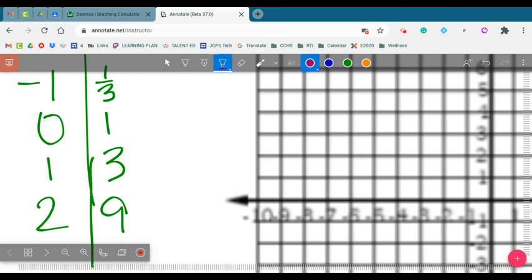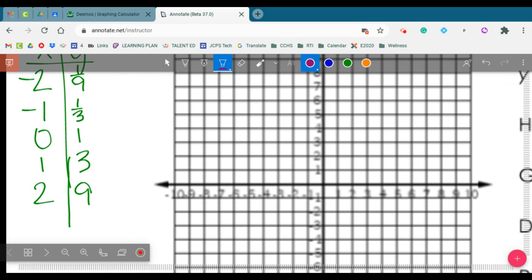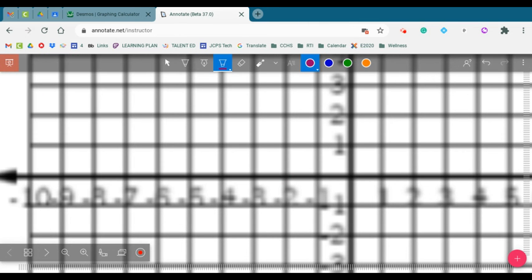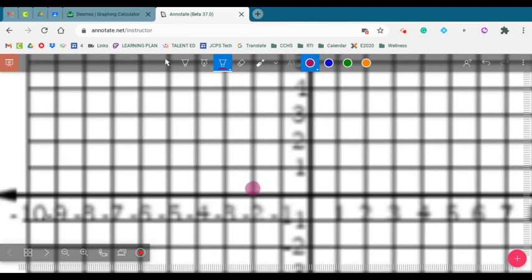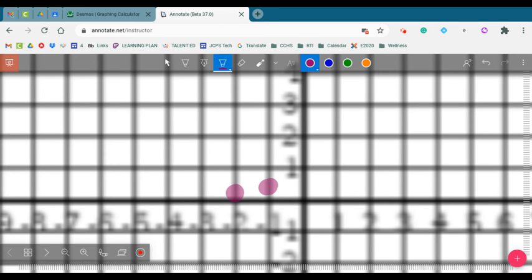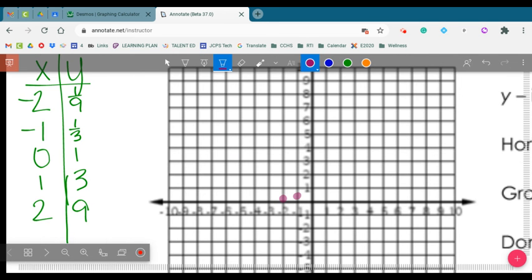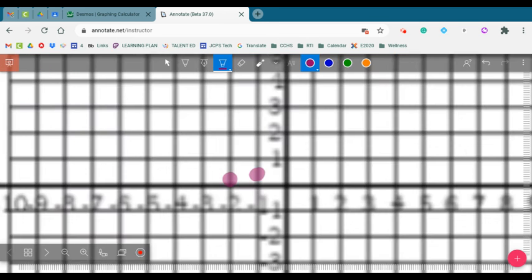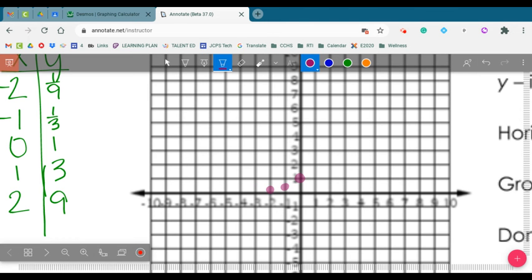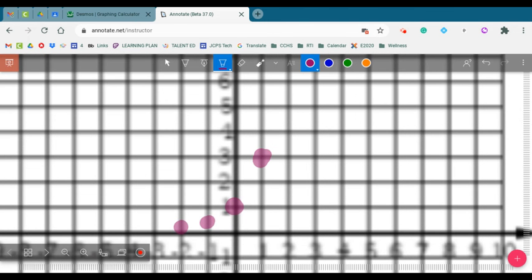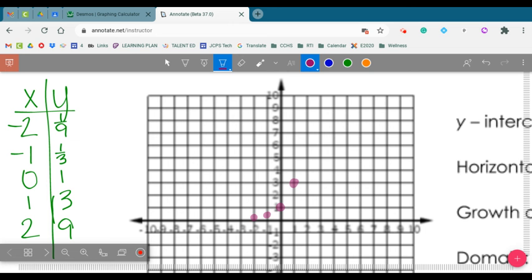So we're going to graph those points. So -2, 1/9 is going to go over 2 and about up 1/9. So up just a teeny bit. And then -1, 1/3 is going to go up just a little bit more. So try to be as precise as you can. Just make sure they're in that range. 0, 1; 1, 3; and then 2, 9.